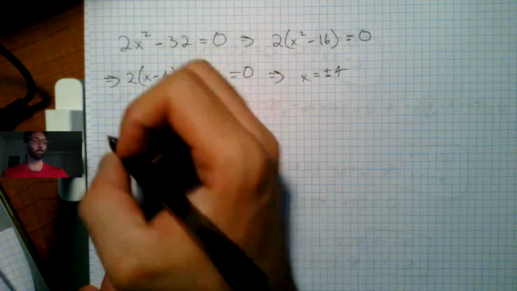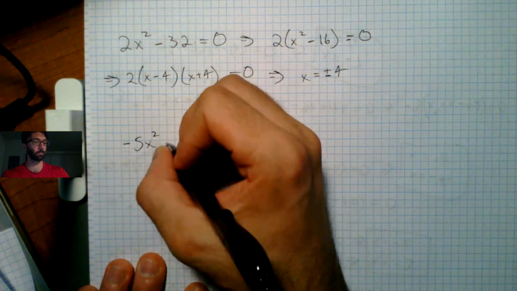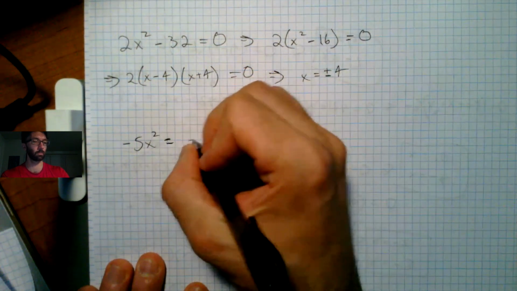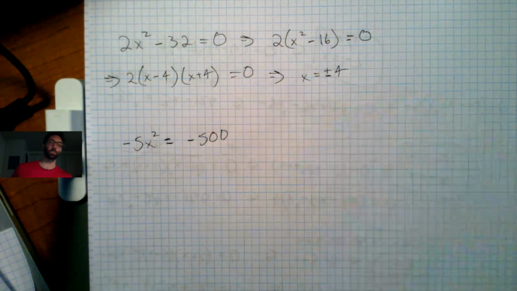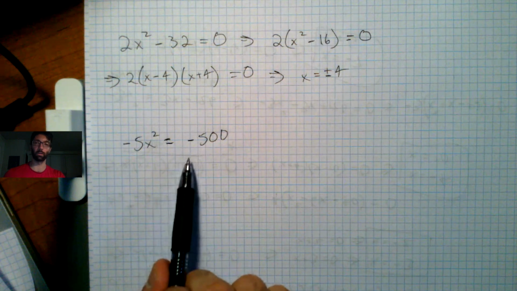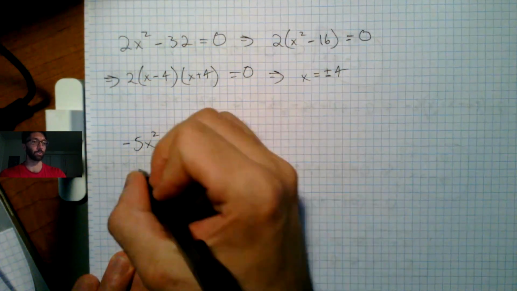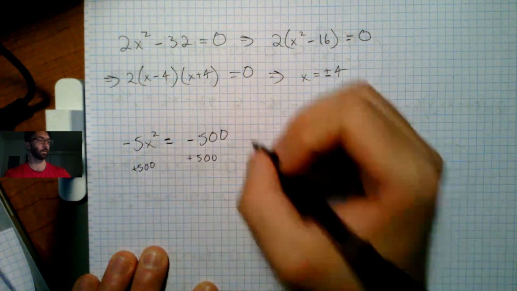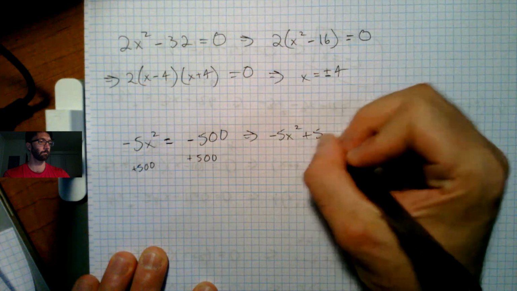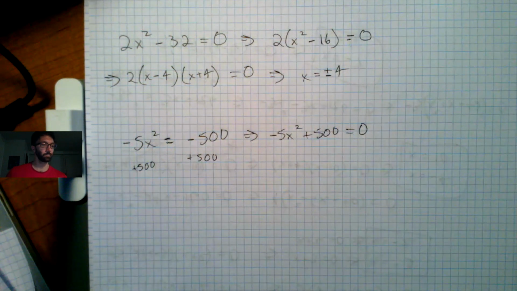All right, we'll do one more. So maybe this one's not conveniently set up for us. So to get 0 on one side, I will add 500 to both sides. And now we have 0 on the right side.